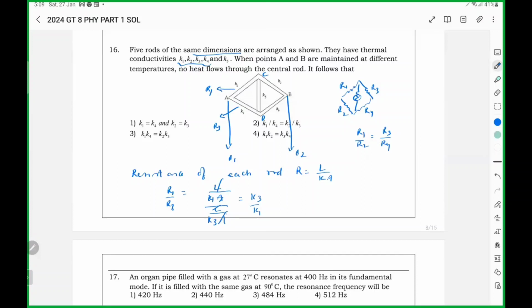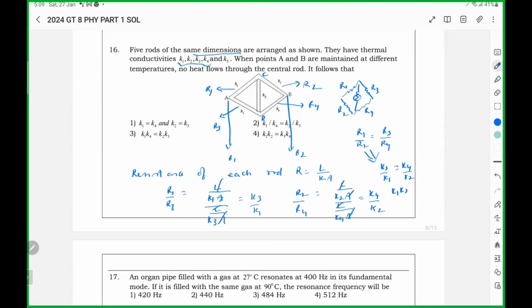Similarly here, this one is CB, its resistance is R2, here the resistance is R4. R2 by R4 is L by K2A by L by K4A, which is K4 by K2. So from this I can say K3 by K1 is K4 by K2.